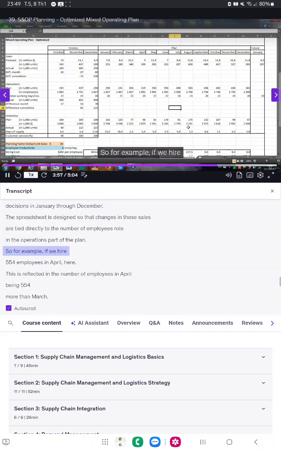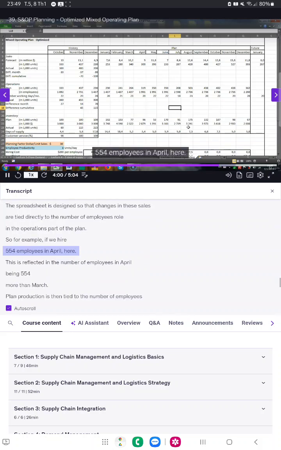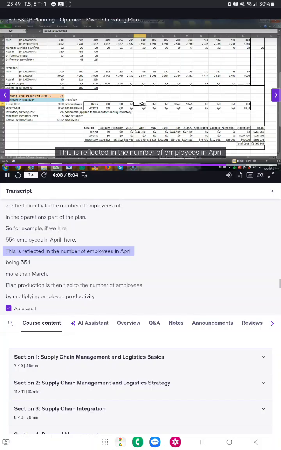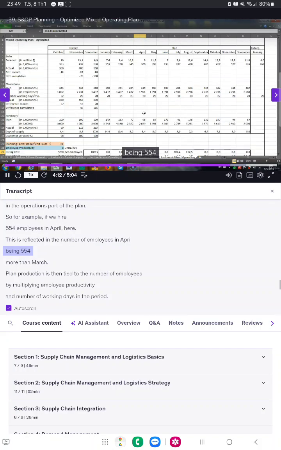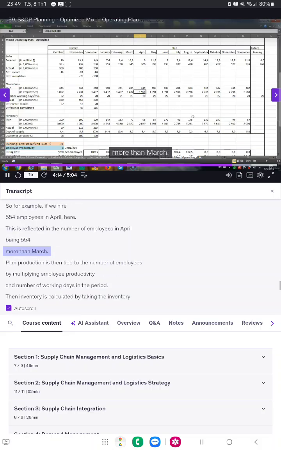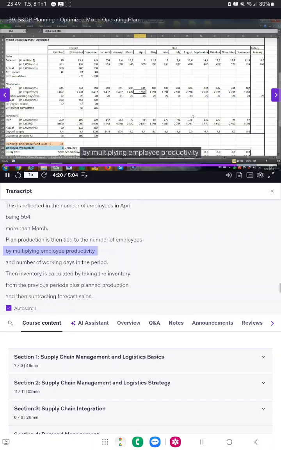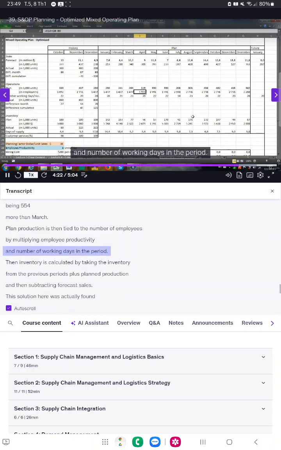So, for example, if we have 554 employees in April, here, this is reflected in the number of employees in April being 554 more than March. Plant production is then tied to the number of employees by multiplying by employee productivity and number of working days in the period.